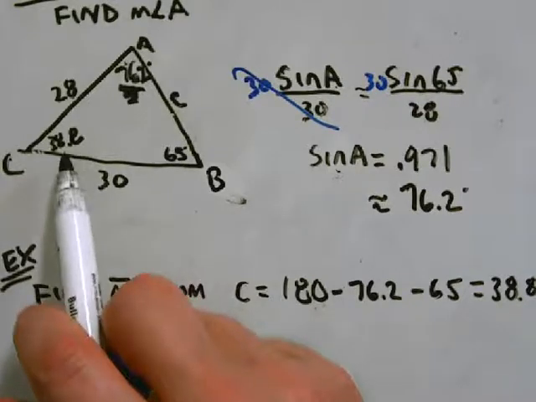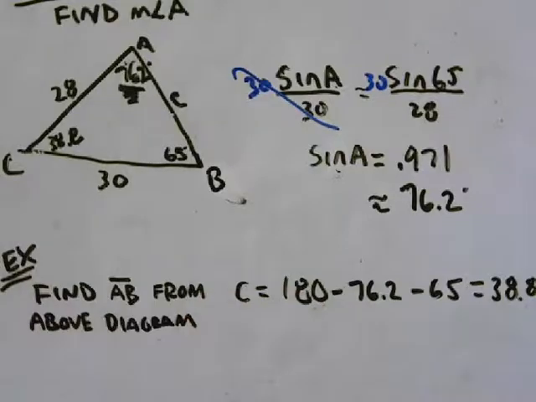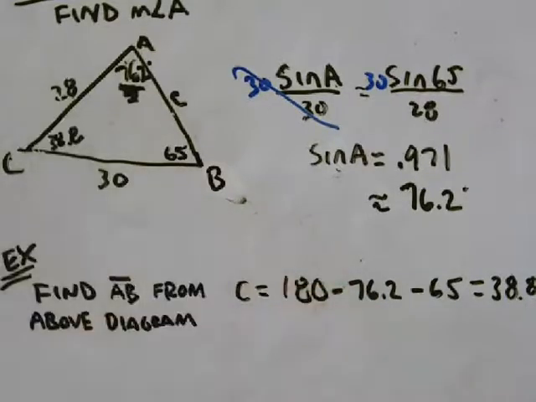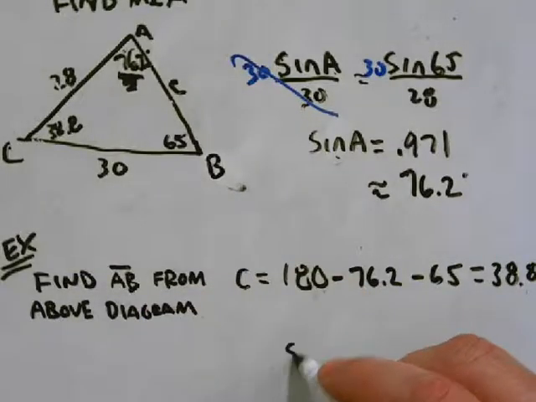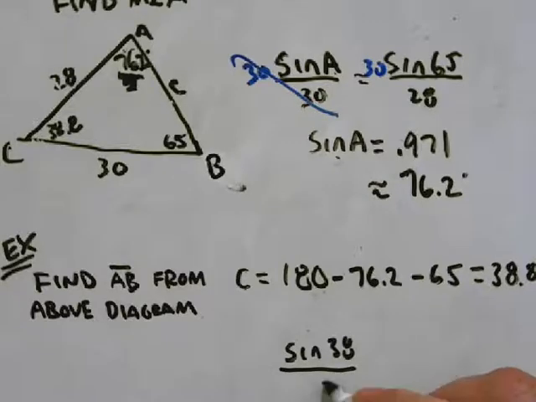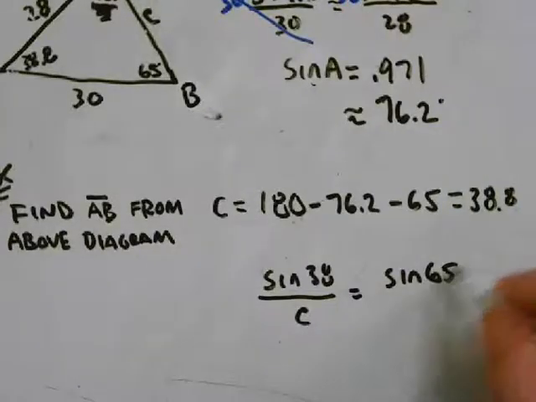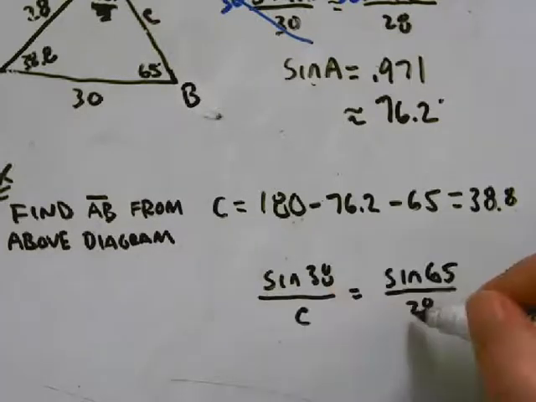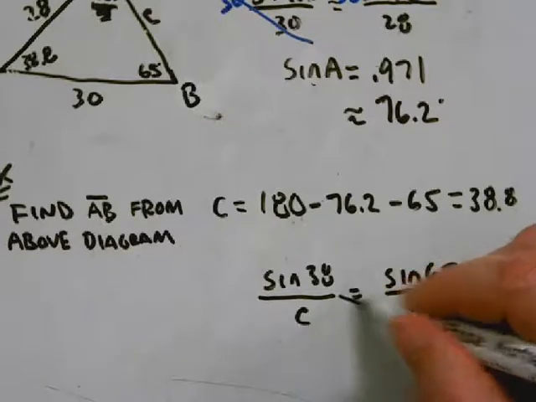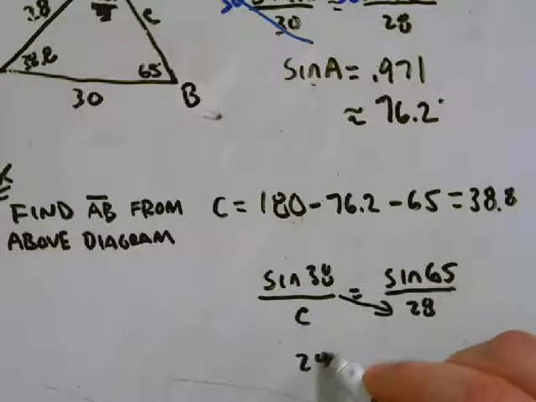So I'm going to do sine 38 over C equals sine 65 over 28. Here you need to cross multiply. 28 sine 38 equals C sine 65.